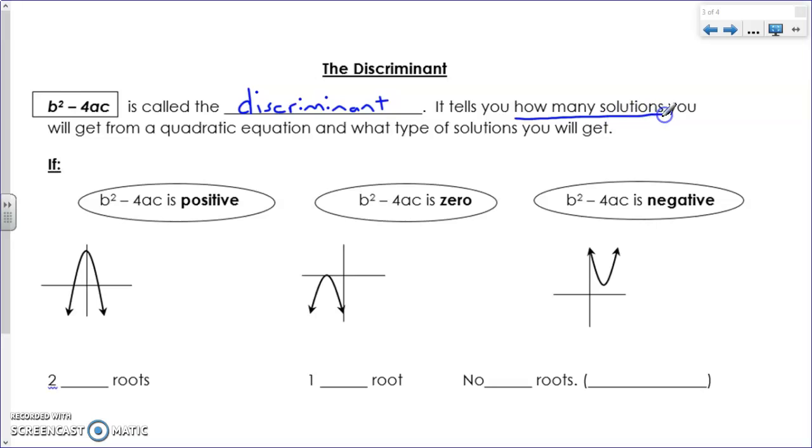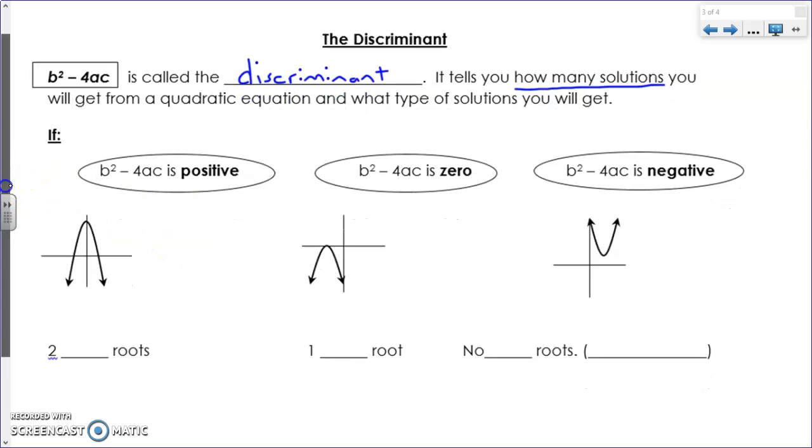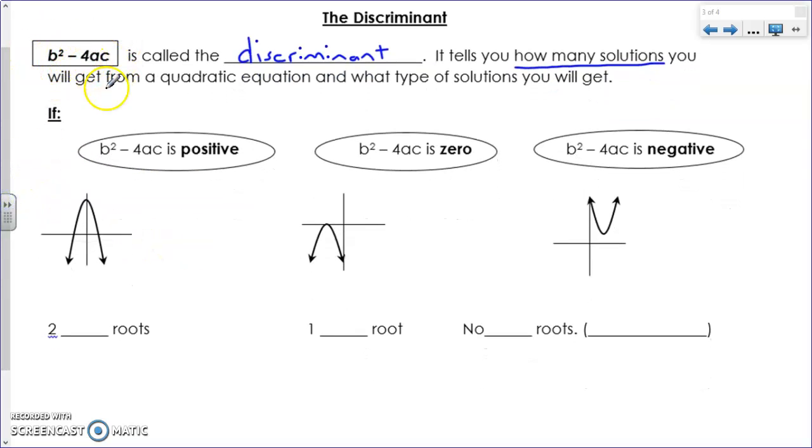It does not give us the solutions, but how many solutions you will get from a quadratic equation and what type of solutions, whether they're real or not real. Okay, so if I plugged numbers in here and I came out with a positive answer, greater than 0, I'm going to have 2 real roots. Okay, and I can see those roots in the graph that we just talked about.